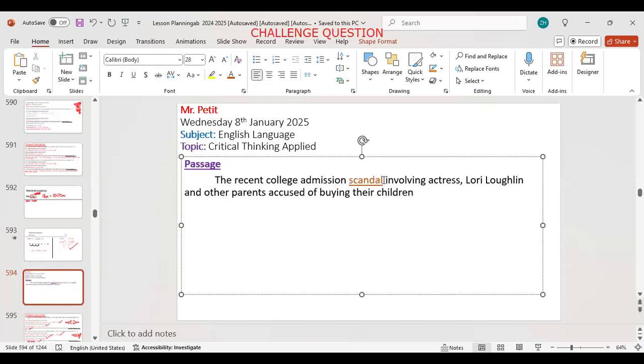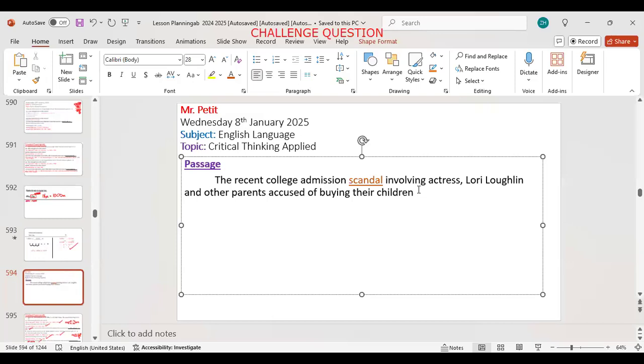In this case, with this actor, she paid someone to do something that they weren't supposed to do. So it's some sort of fraud, some sort of underhand movement, like you're doing something you're not supposed to be doing, in a way to obtain something that you're supposed to get the right way, but you're trying to do it the wrong way. That's what a scandal is.